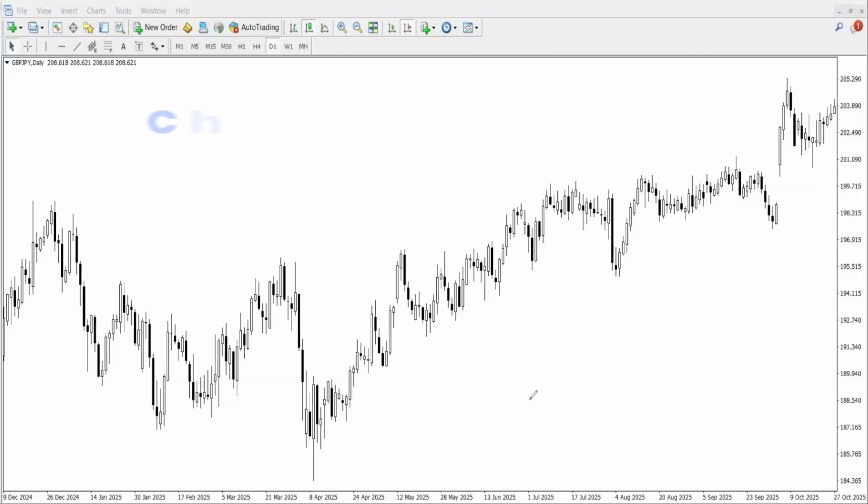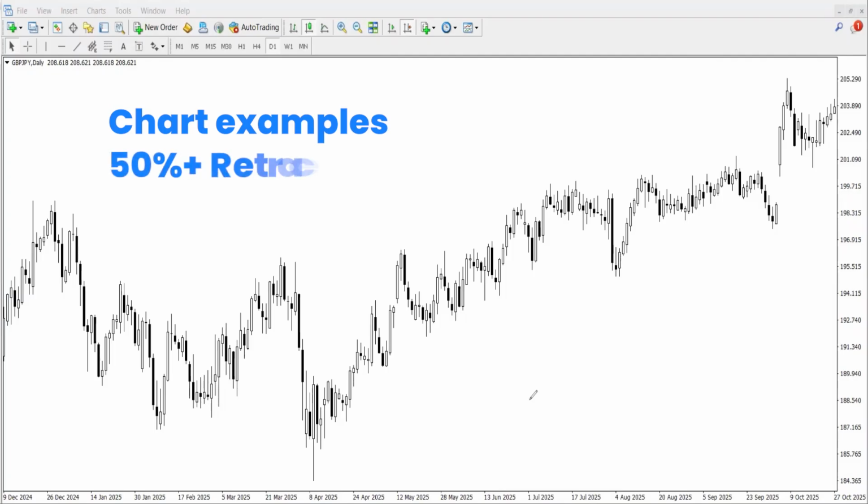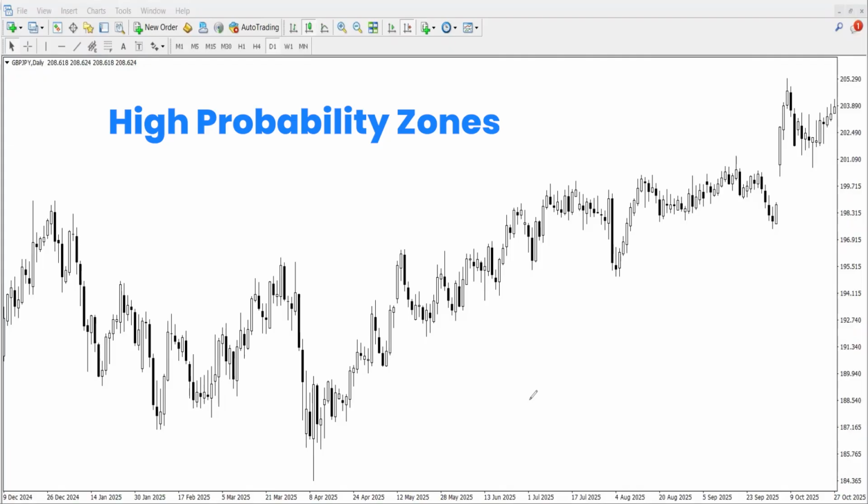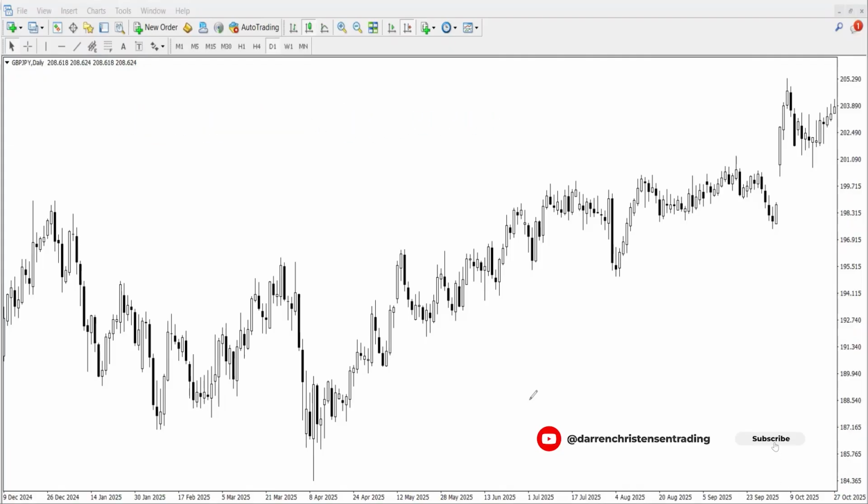Okay, let's look at some examples of how we can use these 50% or more retracement areas as very high probability areas of the chart to trade from. These areas act as another form of support and resistance, depending on whether you're in an uptrend or a downtrend.